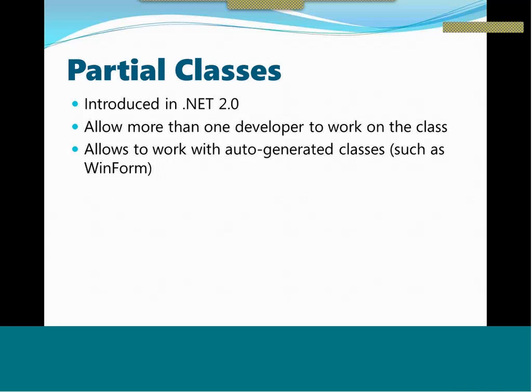This is also used as part of auto-generated classes, such as Windows form or web form that we create. When we create those objects, some code is generated by Visual Studio that is used by the designer.